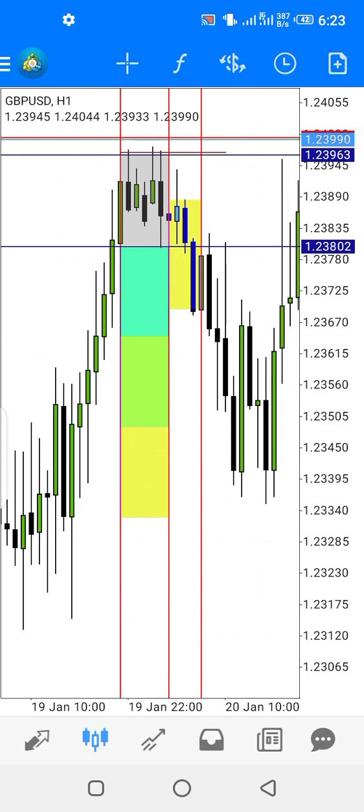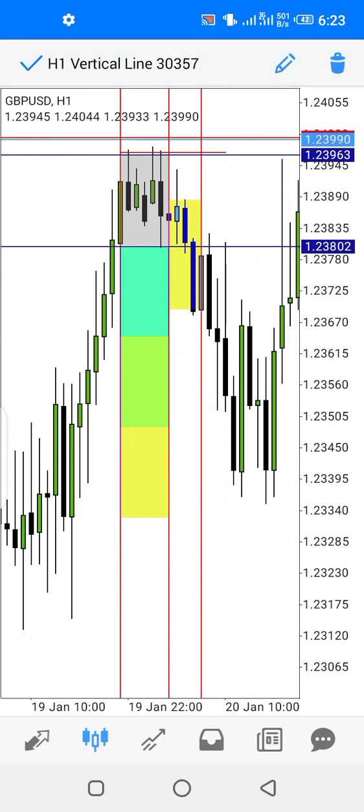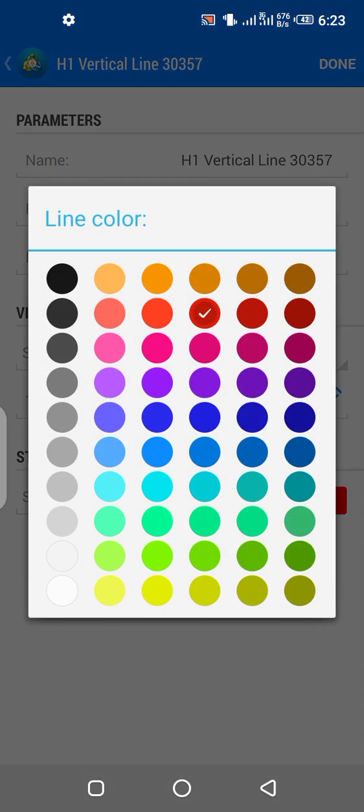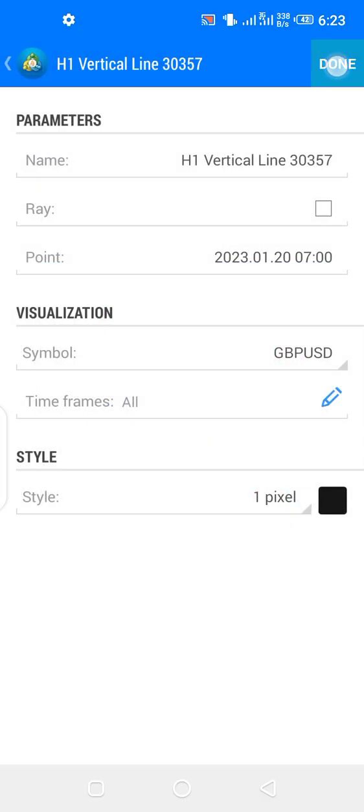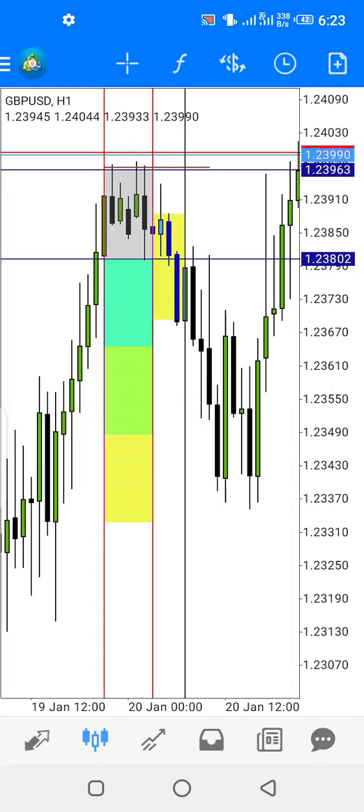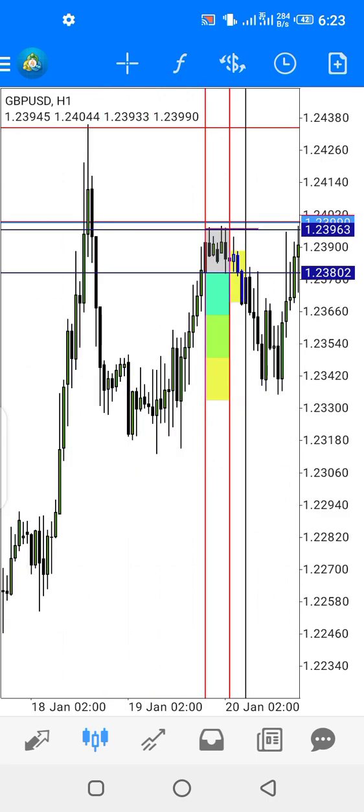Now, the Asia range is already completed. The CBDR is already completed. You woke up around this time, or maybe you open your charts around this time. So you now anticipate, okay, where would the low of the day form?